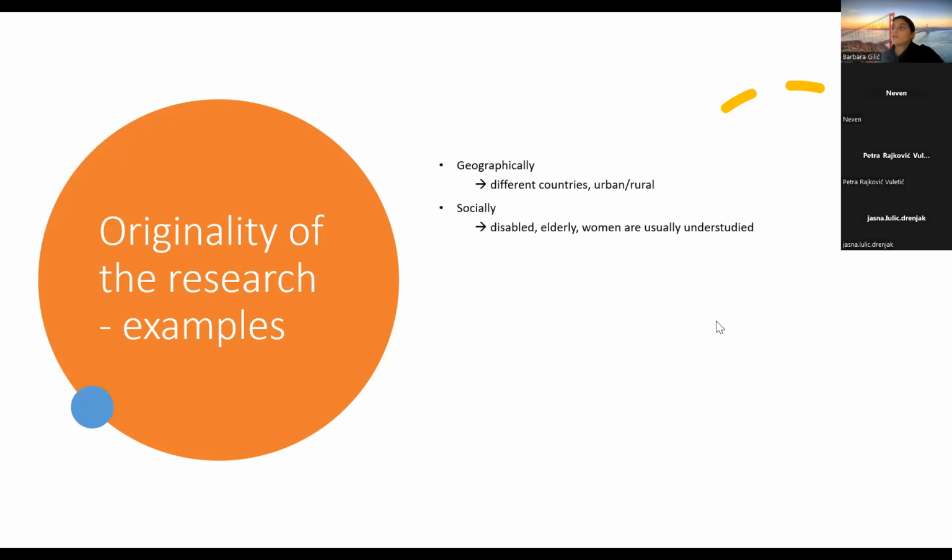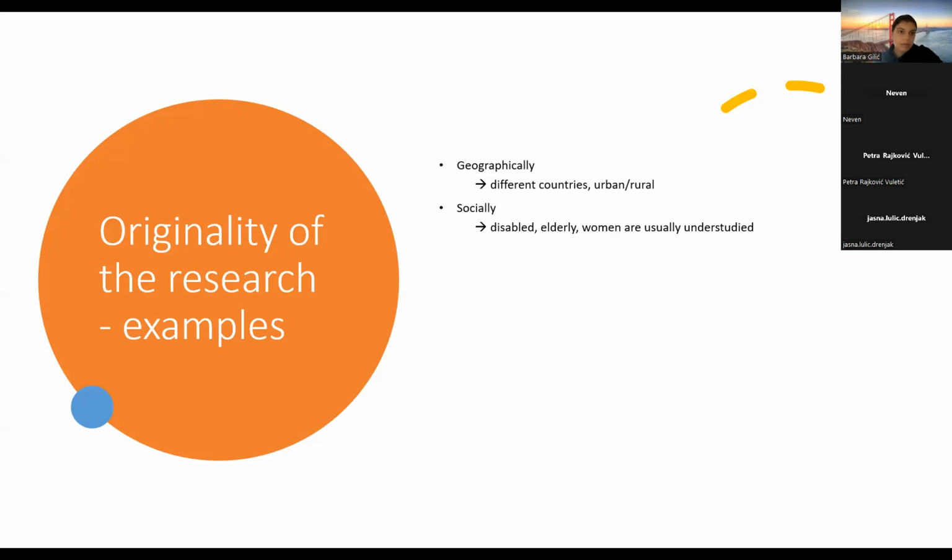Second, we can measure different social groups. For example, disabled individuals, elderly, or women, and all of those groups are actually understudied because they are sometimes more difficult to measure.